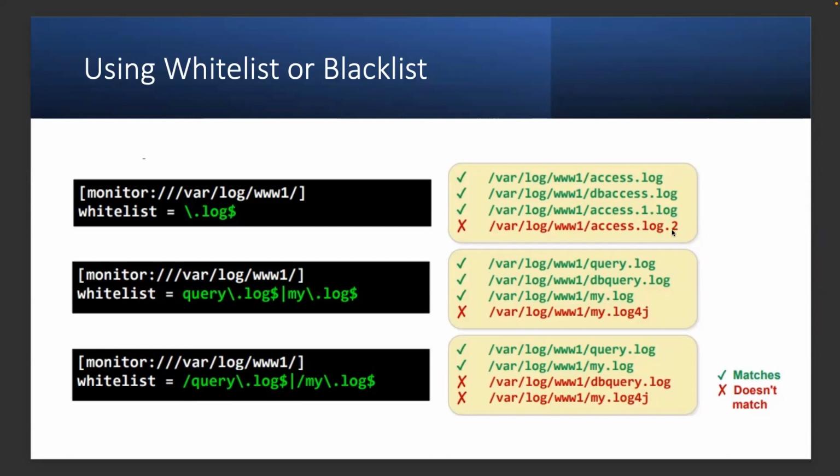If I wanted to capture .log or .2, say another file has .log.1 or something, I could do a regular expression here and say .log, then an asterisk, which is a wildcard, and then the end. So you could say .log, then something that comes between that and the end.